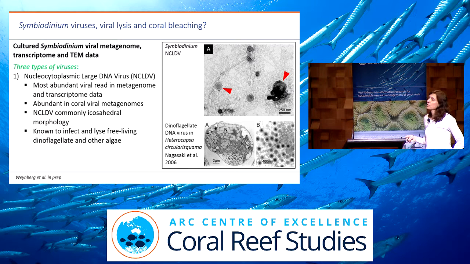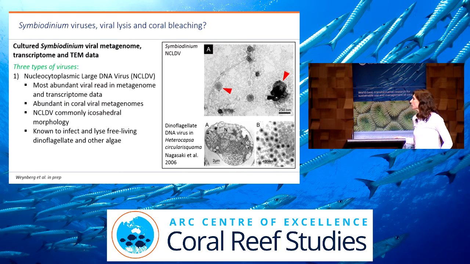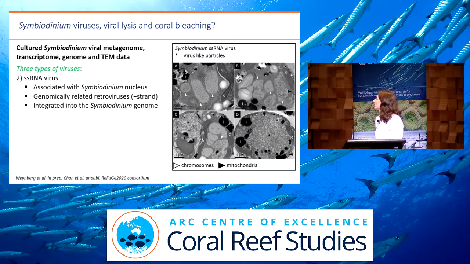It's called icosahedral. And in our Symbiodinium cultures, we find those kind of particles. And these particles are of a similar size to those of a virus that is known to infect and kill through lysis a free-living dinoflagellate, Heterocapsa. So that is probably one virus that is definitely present in Symbiodinium.